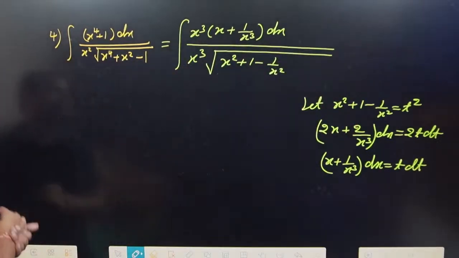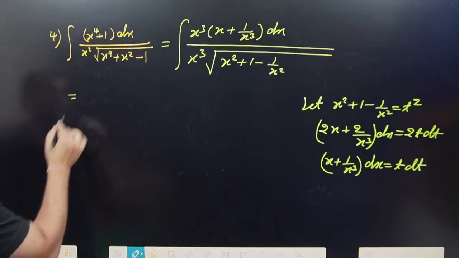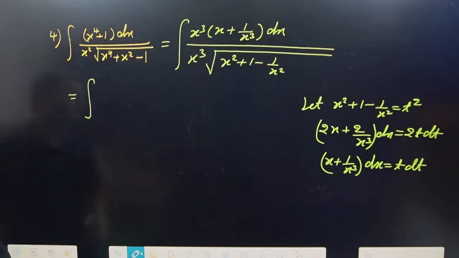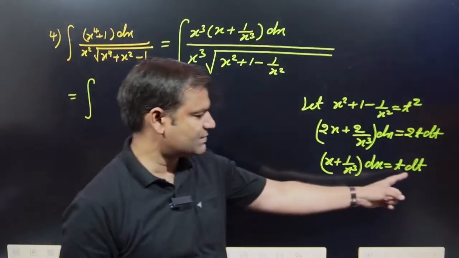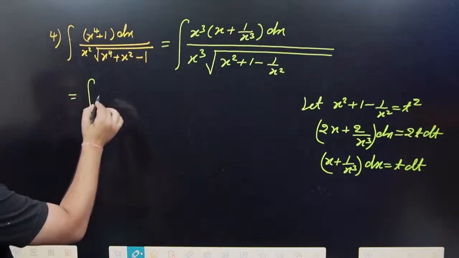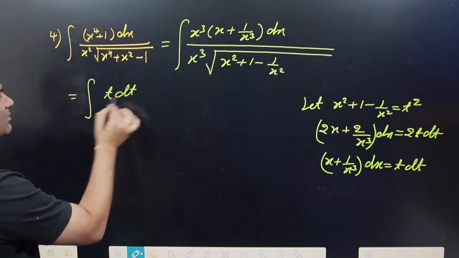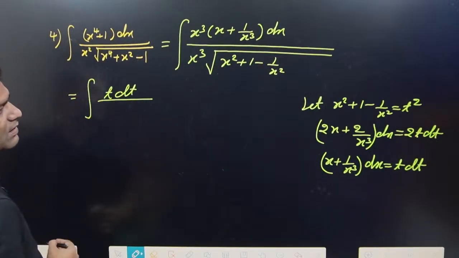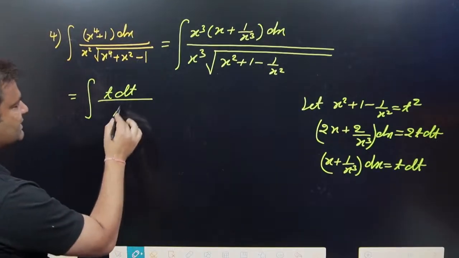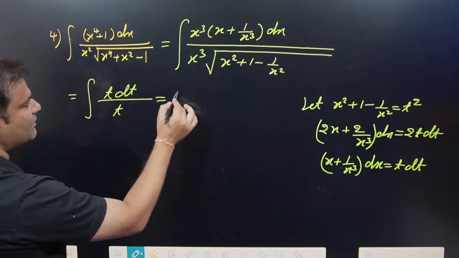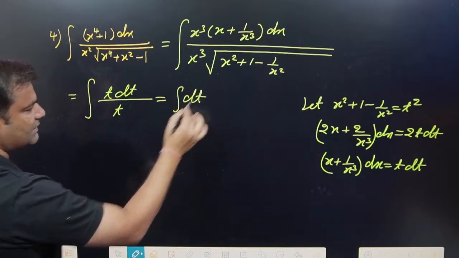Okay, now this one is replaced by t dt. So t dt divided by how much? Under root of t square, so basically t. So what will we do? Integration of dt.